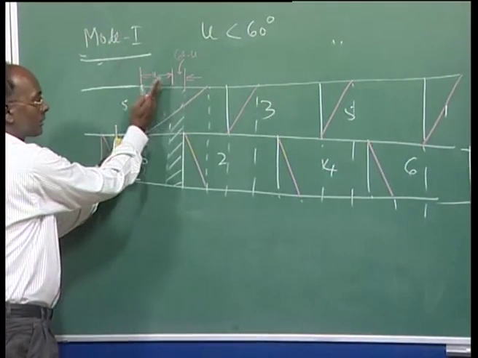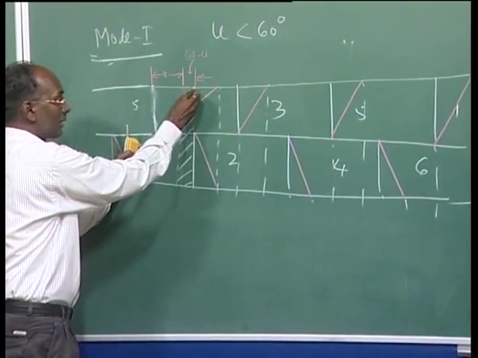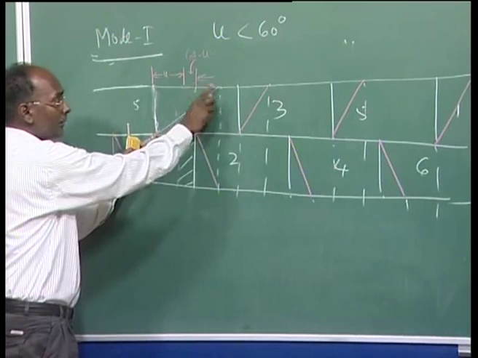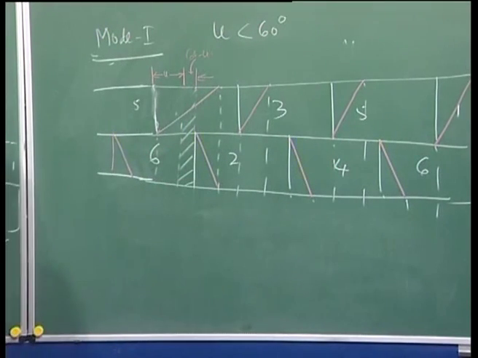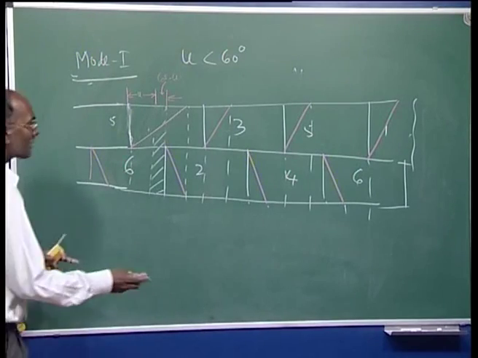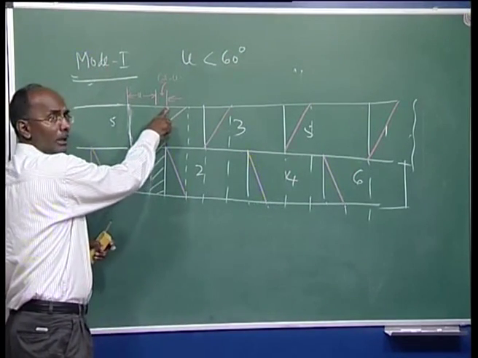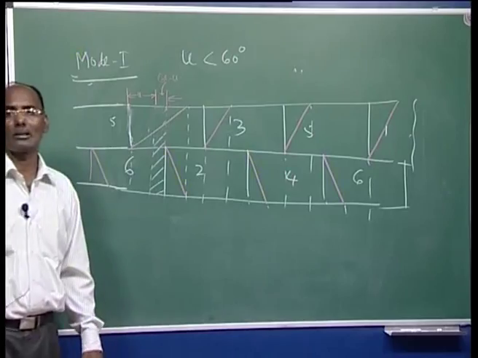This U here is less than 60; if it comes here it is 60, if it is more than that it is more than 60. I am skipping mode 2 because mode 2 is a special case, where we will always find three valves conducting.